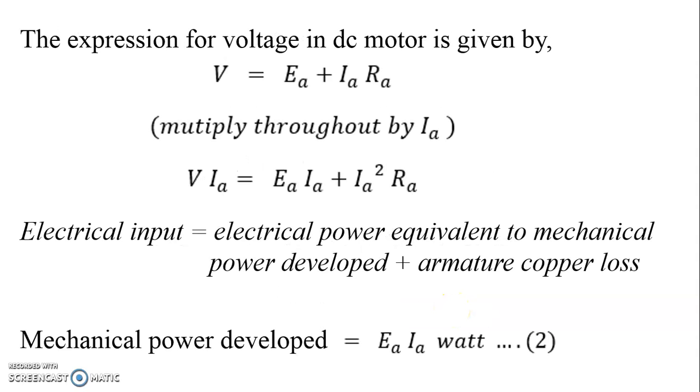Next, the expression for voltage in a DC motor is given by V equals Ea plus Ia into Ra. For simplification, we multiply by Ia on the above equation. So we get V into Ia equal to Ea into Ia plus Ia square into Ra. The electrical input power is equal to the mechanical power developed plus the armature copper loss. For the mechanical power developed, we know the power formula is Ea into Ia.